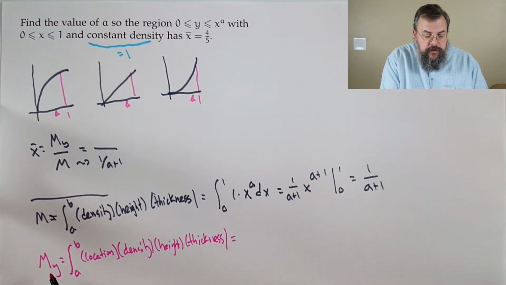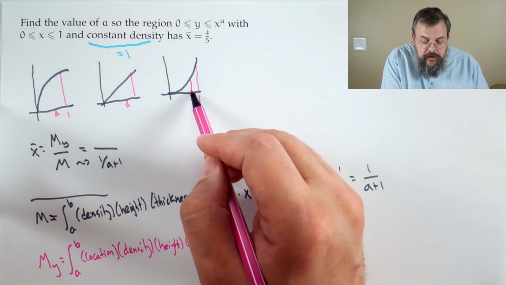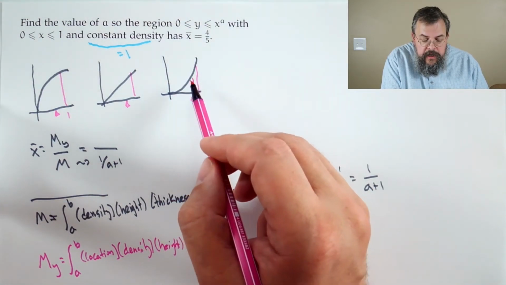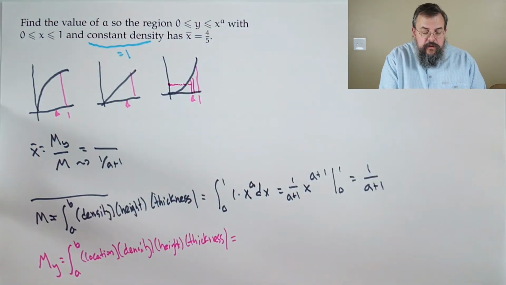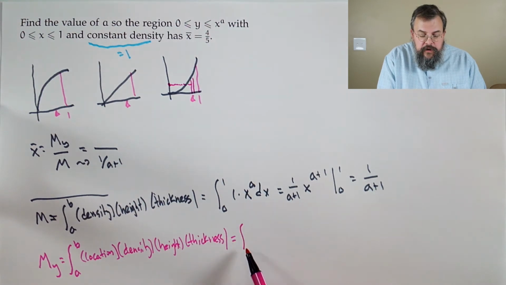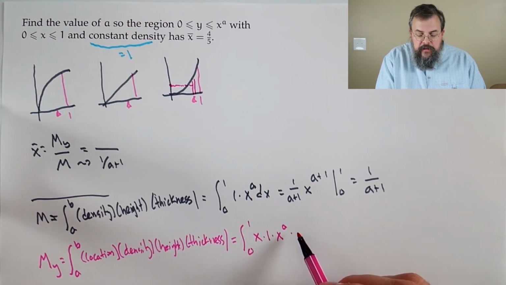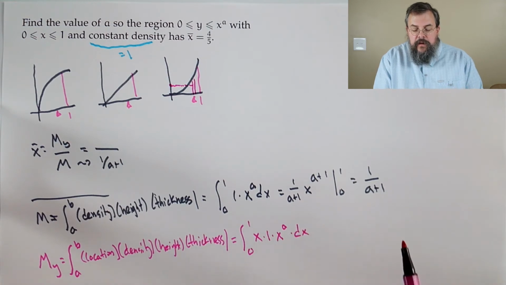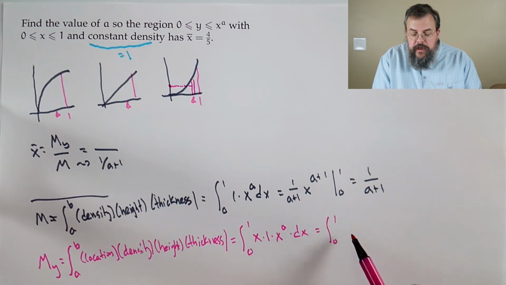Well, since we're going to m sub y, if we think about our slice, m sub y is our distance to the y-axis. So m sub y is simply going to be x. Our density is still 1, our height is still x to the a, and our thickness is still dx. So this becomes the integral from 0 to 1 of x to the a plus 2.